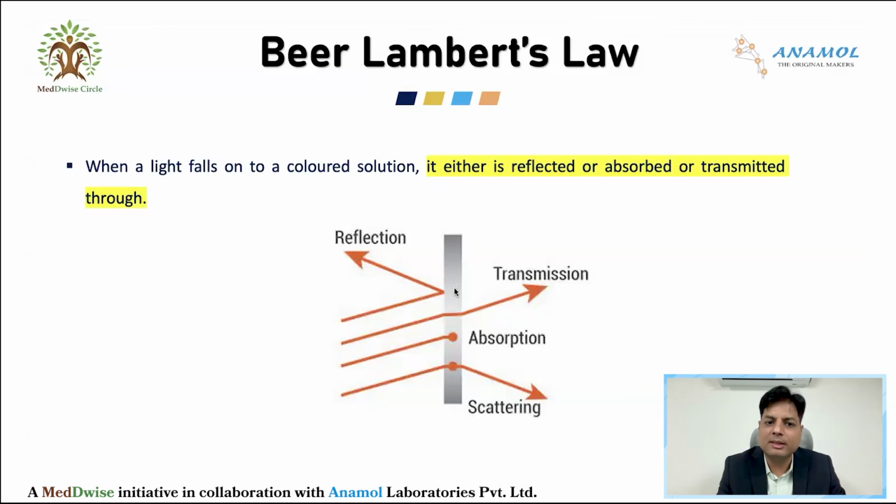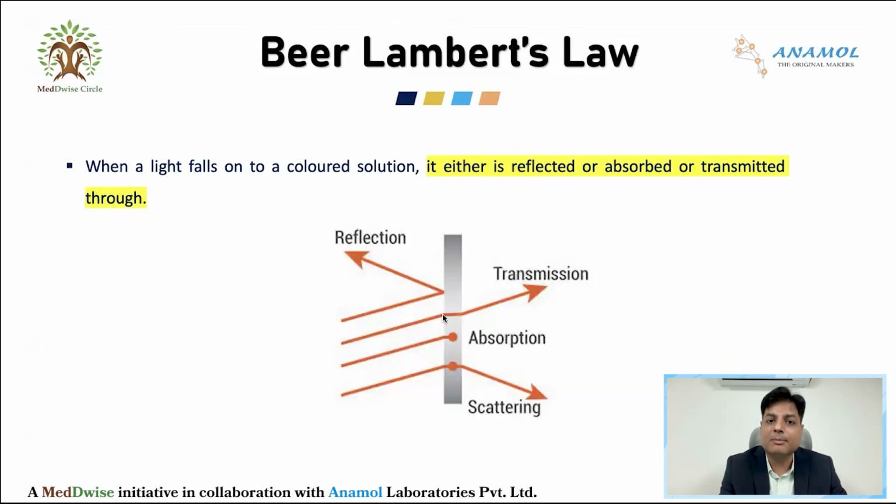In the first case, when the light hits the colored solution, it will go back in the same medium from which it came, which means that light came from this direction, hit the colored solution, and turned back in the same direction or in the same plane. This concept is called reflection.